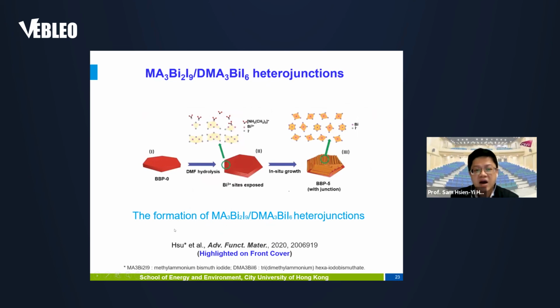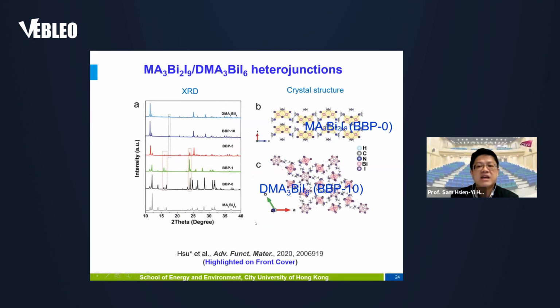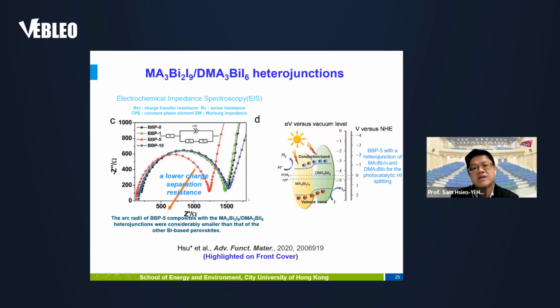This is how the heterojunction forms, and this is the proposed chemical reaction. After confirmation by XRD, we are sure of the formation of this heterojunction. Impedance spectroscopy shows a lower charge separation resistance.